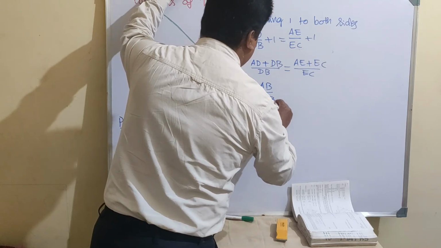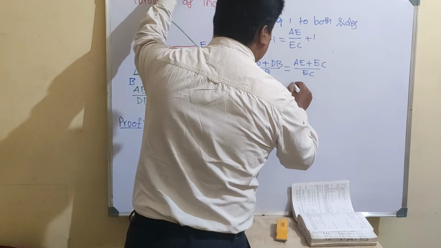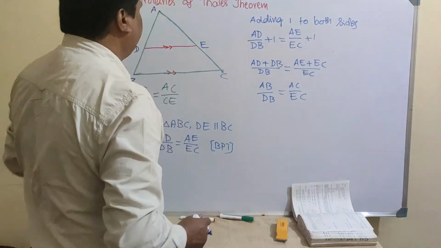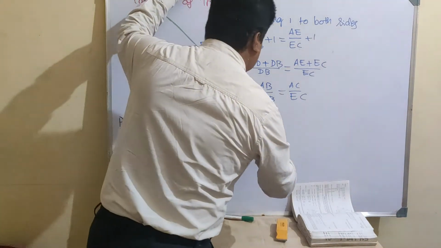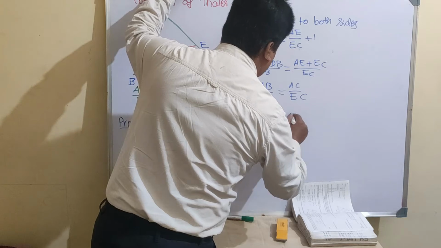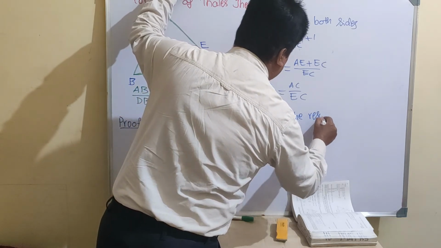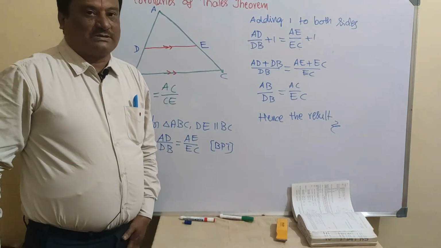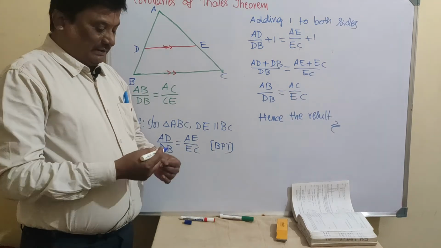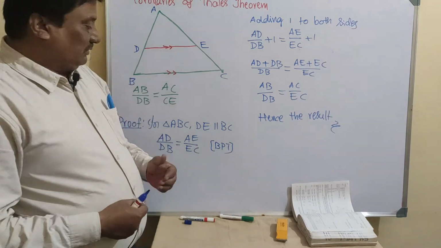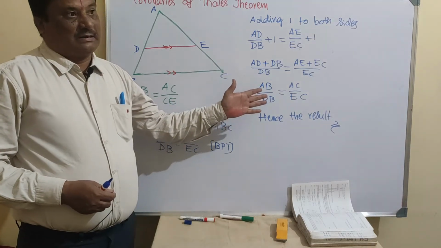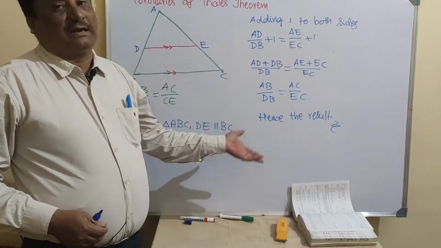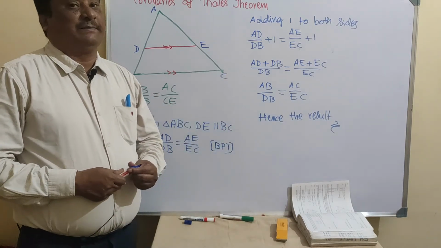So AB by DB is equal to AC by CE. This is the result. These are the two corollaries of basic proportionality theorem. One important thing is that we can also take the reciprocals of these results, and they are also correct for any problem.